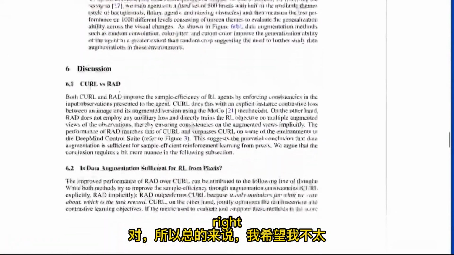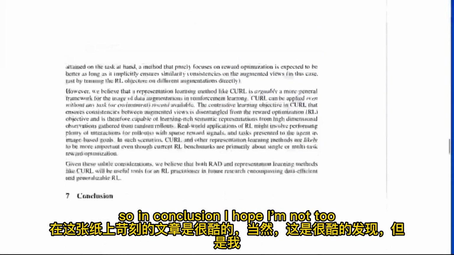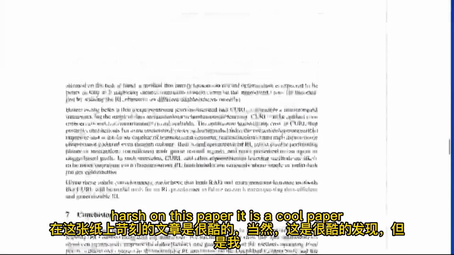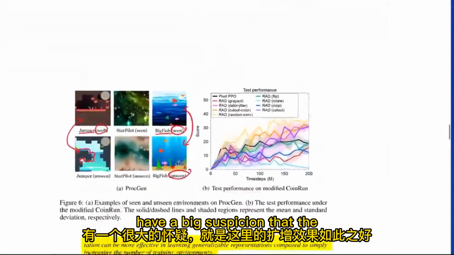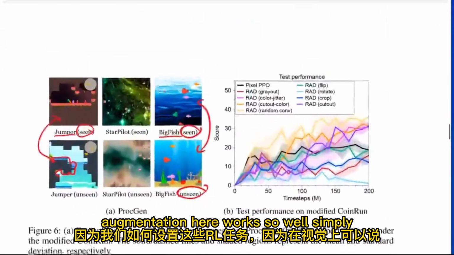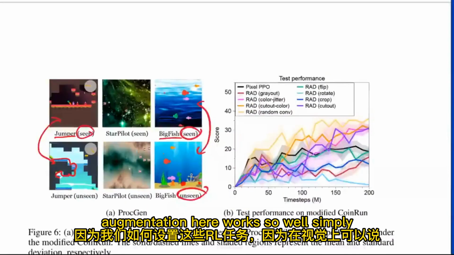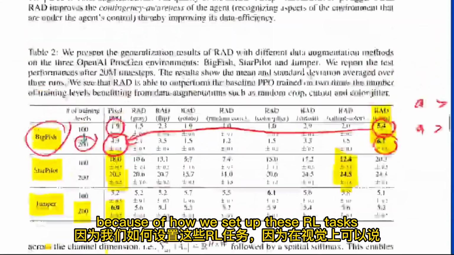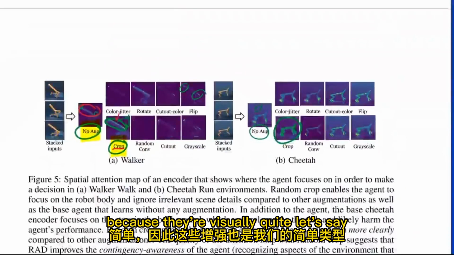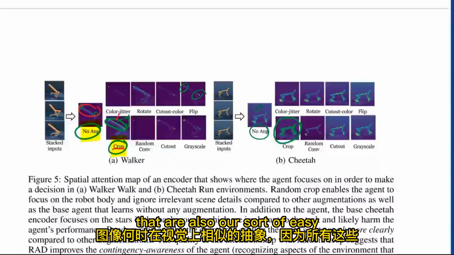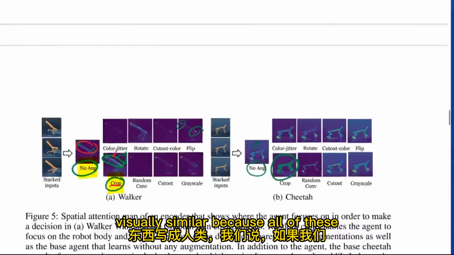All right, so in conclusion, I hope I'm not too harsh on this paper. It is a cool paper, and of course it is cool findings, but I have a big suspicion that the augmentation here works so well simply because of how we set up these RL tasks, because they're visually quite, let's say, easy, and therefore these augmentations are also our easy abstractions of when an image is visually similar.